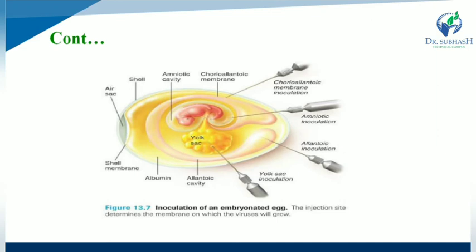Chorioallantoic membrane inoculation is done with the help of an injection. Then there are amniotic inoculation, allantoic inoculation, and yolk sac inoculation. After yolk sac inoculation, the allantoic cavity is formed, albumin is present, and the shell membrane is available. So that is the figure of inoculation of embryonated eggs.